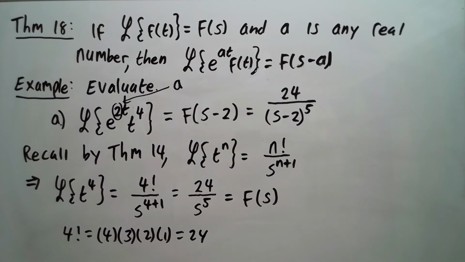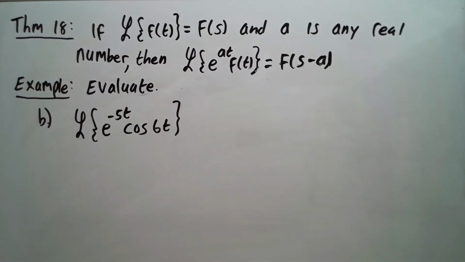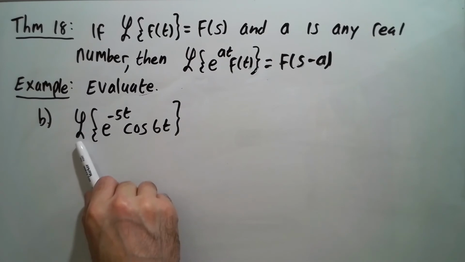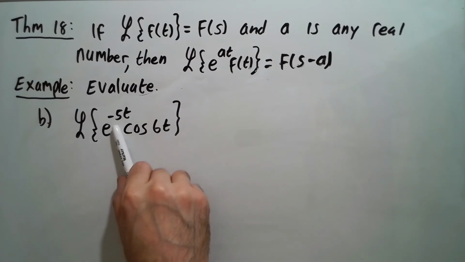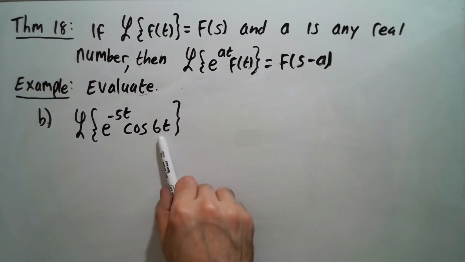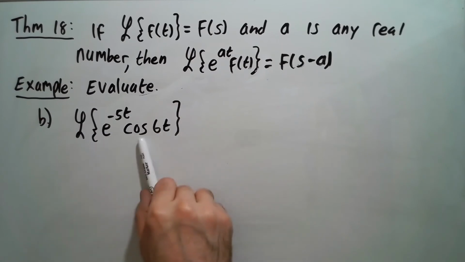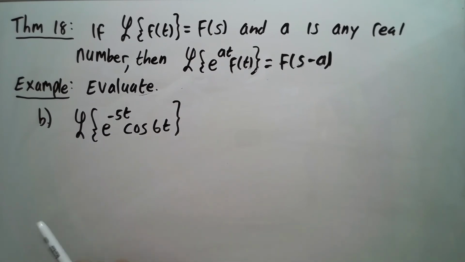Let's do another example. So let me erase a few things and we'll do part B. Okay, so part B, we need to find the Laplace transform of e to the minus 5t cosine 6t. So let's first find the Laplace transform of cosine of 6t. So let's recall some things.